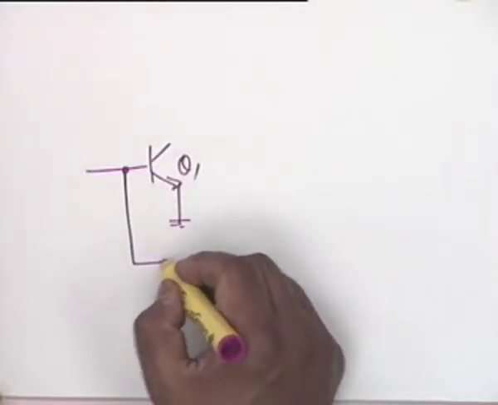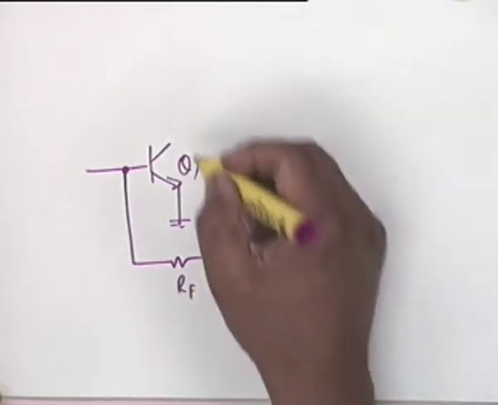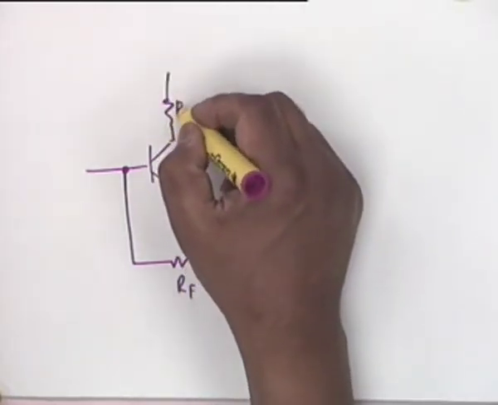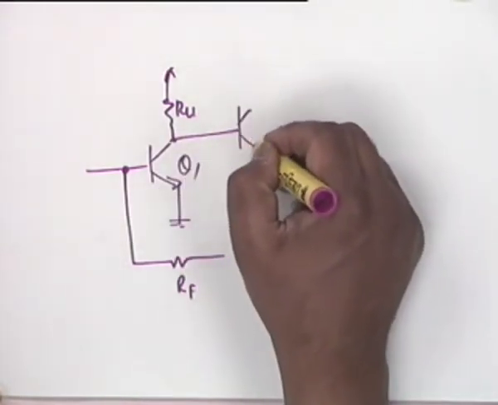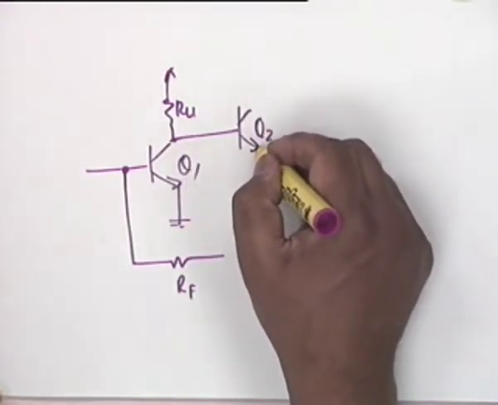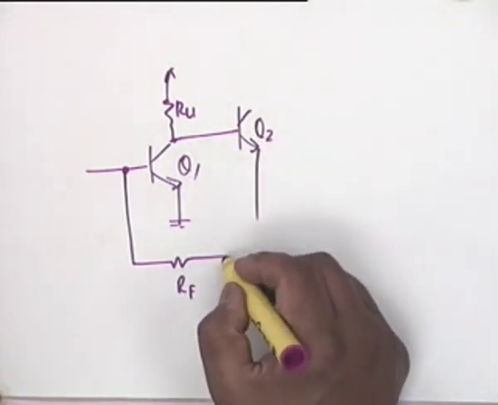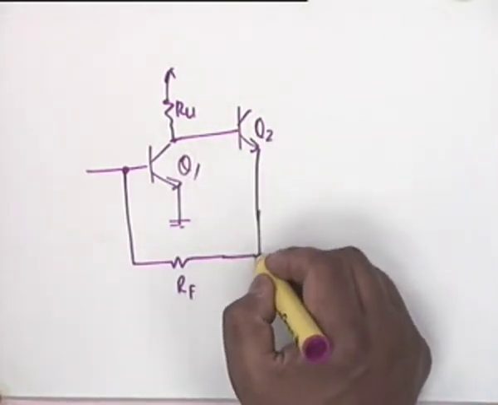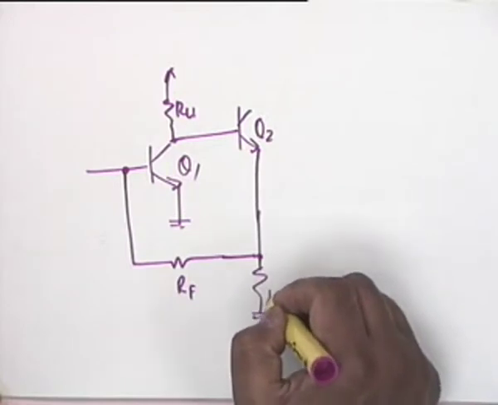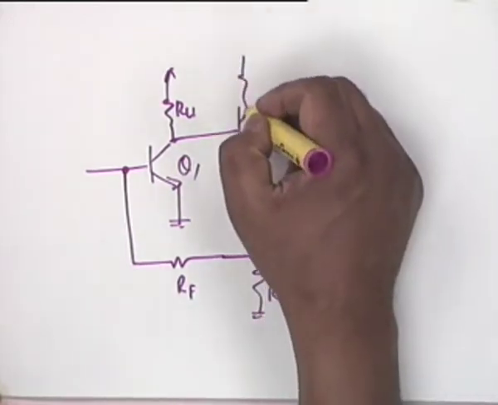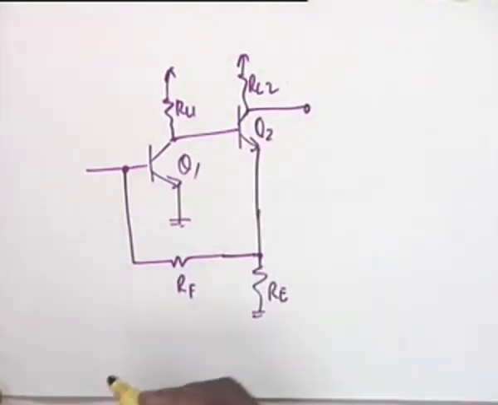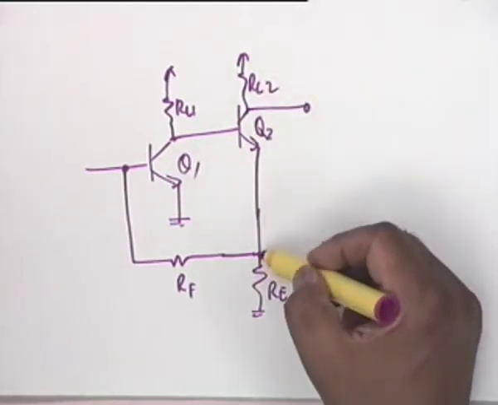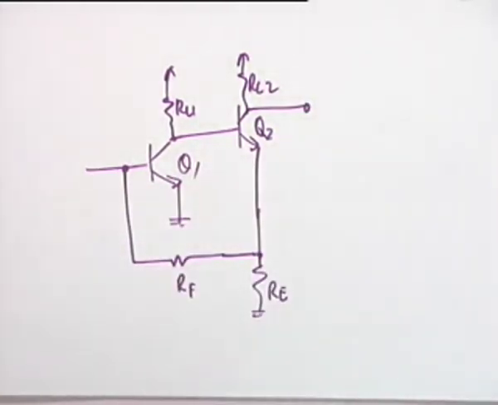So the connection is from here, RF, RL1, this goes to the second transistor Q2, and a resistance RE, RL2. Has it become a shunt series? Yes, this is series and this is shunt, right.